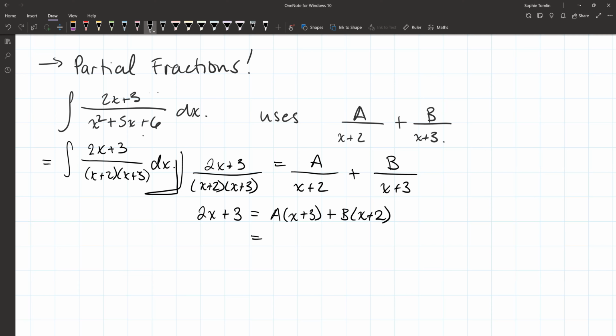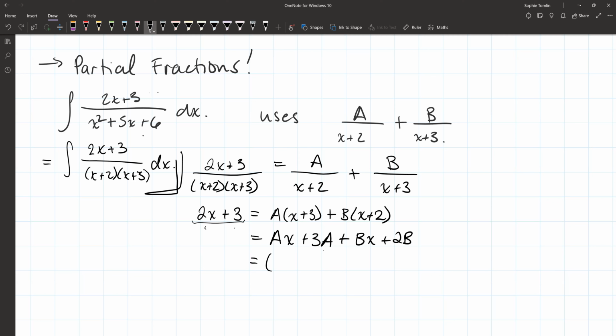Now we'd expand this side over here. We'd get ax plus 3a plus bx plus 2b. Over here we have a polynomial which has an x term and a constant term, and here we have some constant terms and some x terms. So let's group them together.